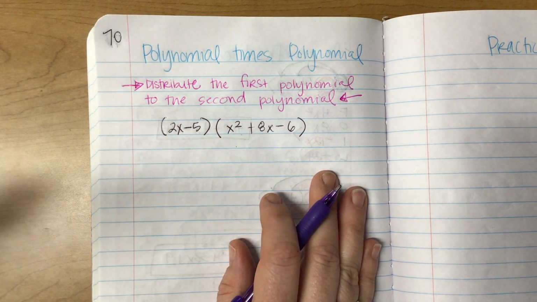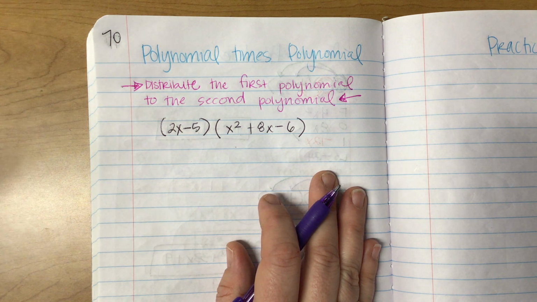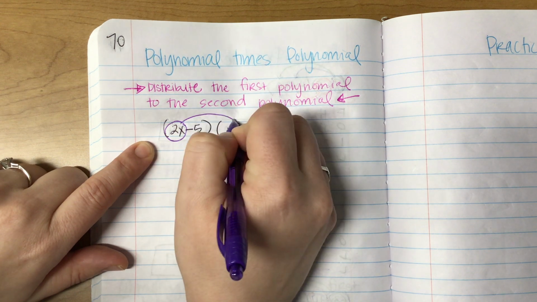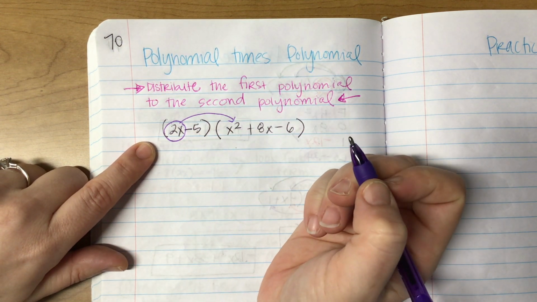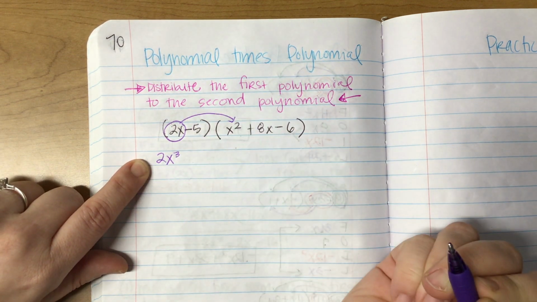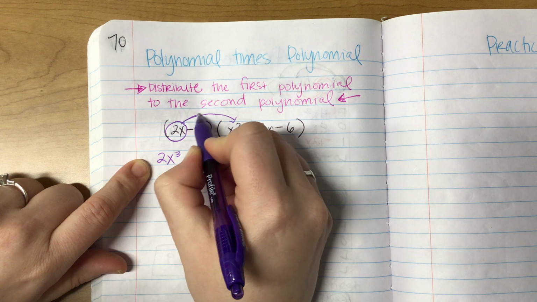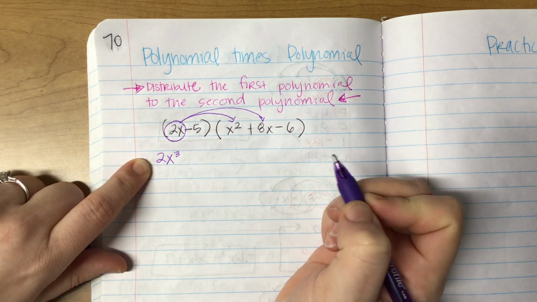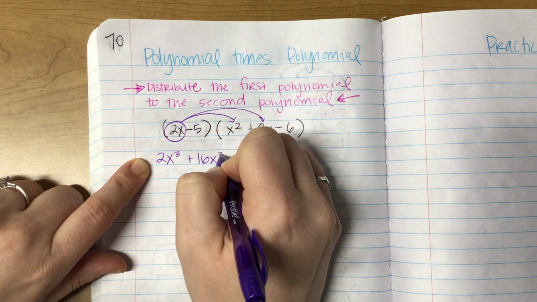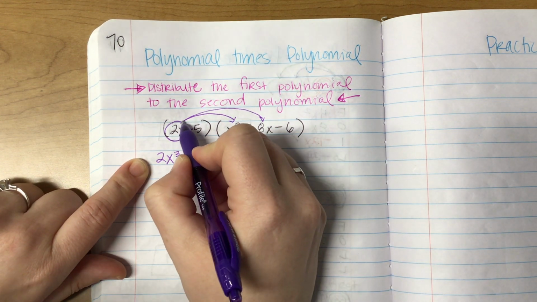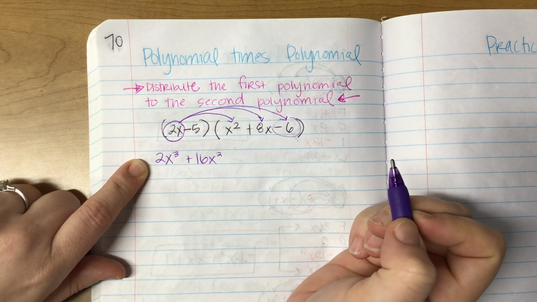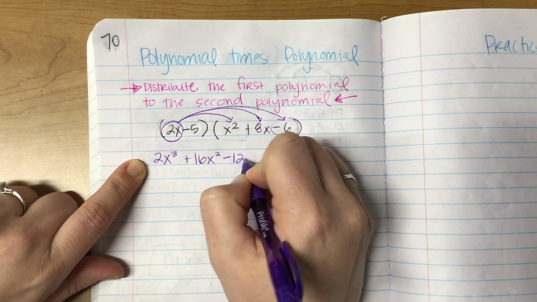It's just a little bit longer of a process because I have three terms that I'm distributing to. So I'm going to take 2x and multiply by x squared. 2x times x squared is 2x to the third. Then I go back to 2x and I multiply to positive 8x. And I get plus 16x squared. Then I go back to 2x and I distribute to negative 6 to get negative 12x.